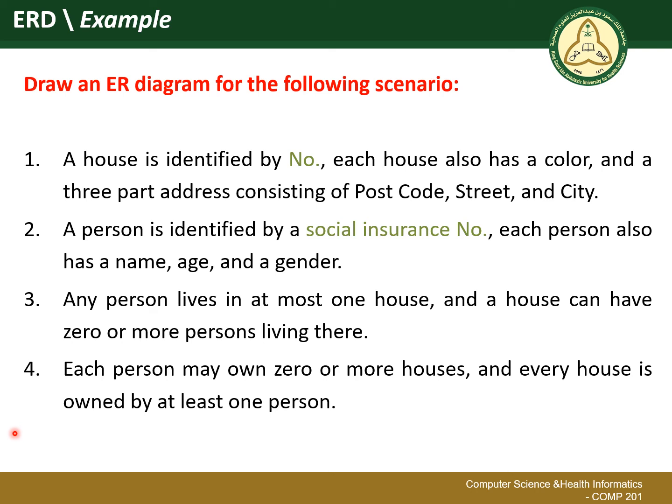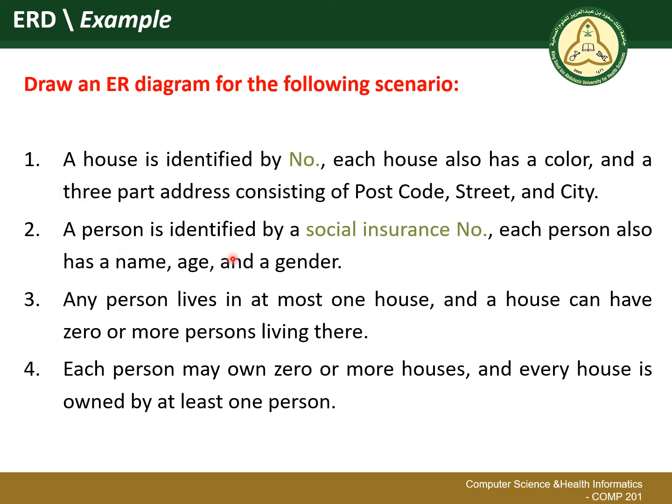So this is the scenario, and what is required of you is to draw the ER diagram. So we will apply the previous steps. The nouns will be considered as entities. So we have the house and we have the person.